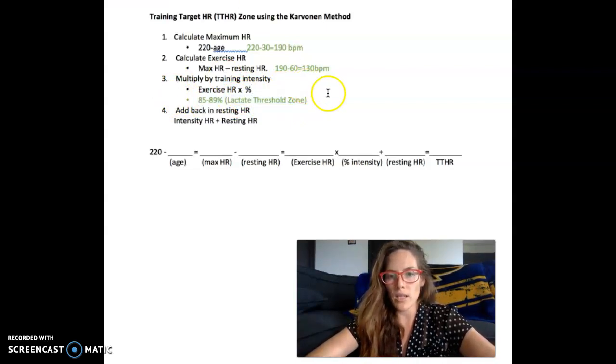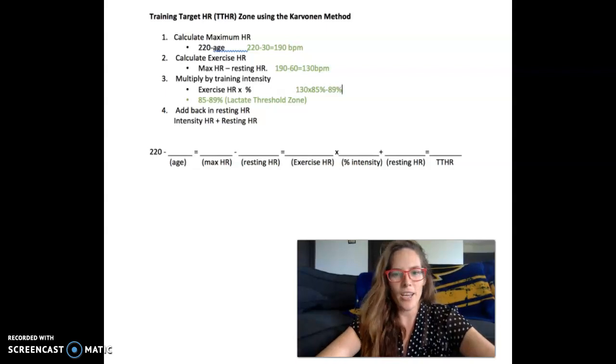So let's calculate this out. I take my exercise heart rate that we just calculated up here, 130, and I multiply it by my lactate threshold zone. So should I do 85% to 89%?